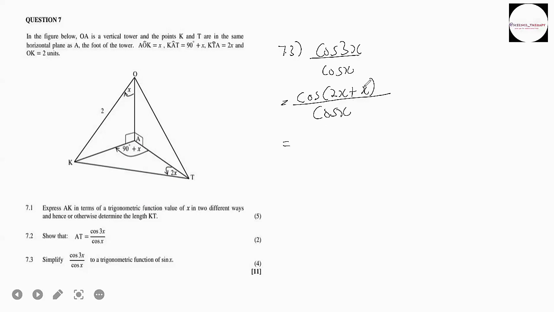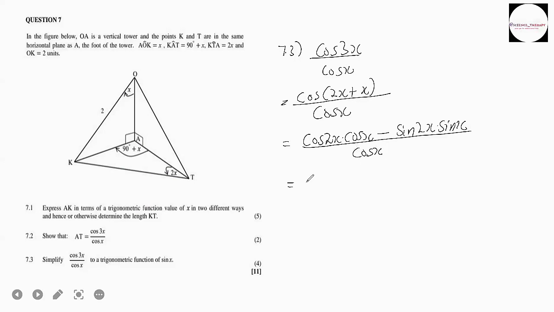And then this is a compound angle. So it's supposed to go cos 2x cos x. But then we know the compound angle of a cos changes the sign. So now it needs to be negative sine 2x and then sine x, then still over cos x.